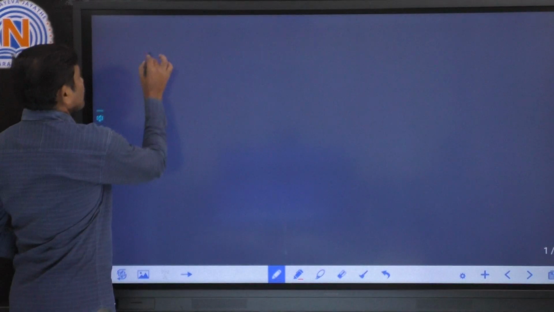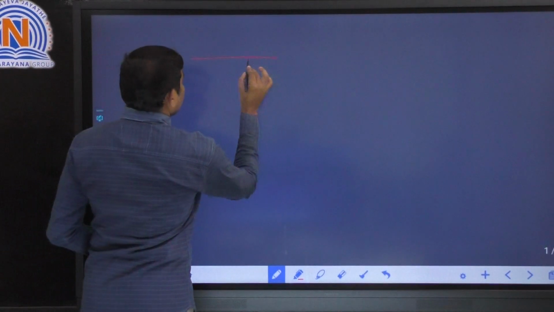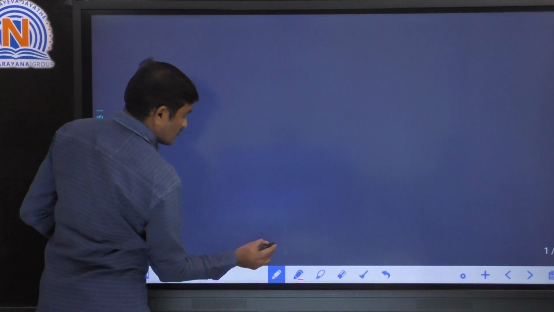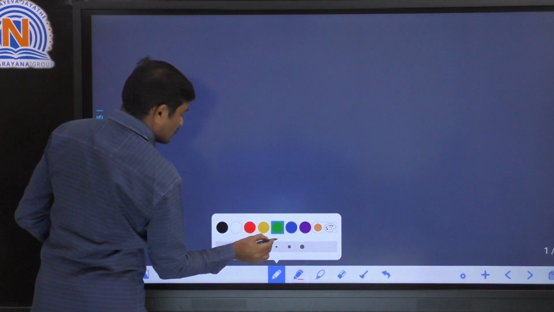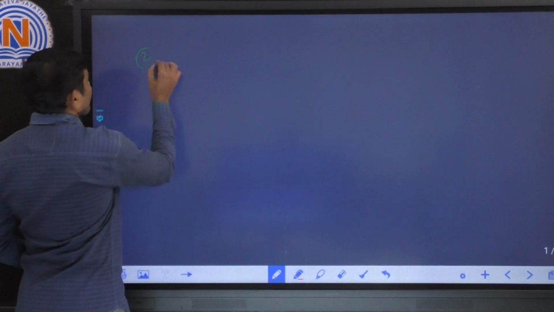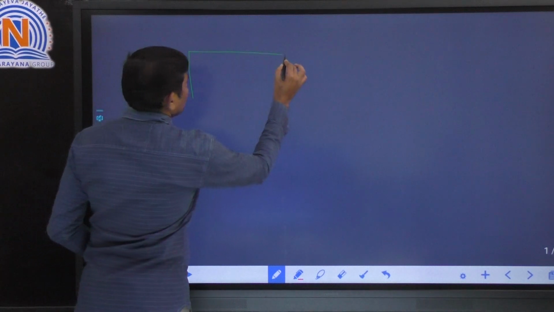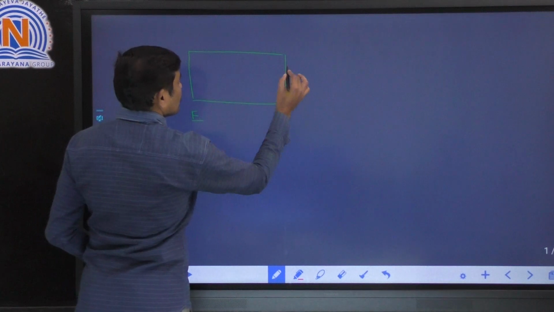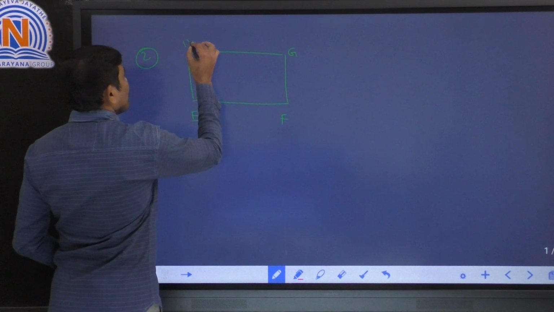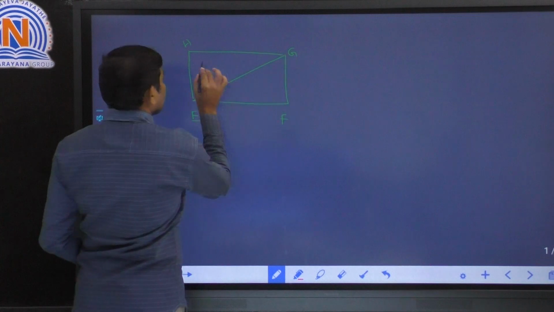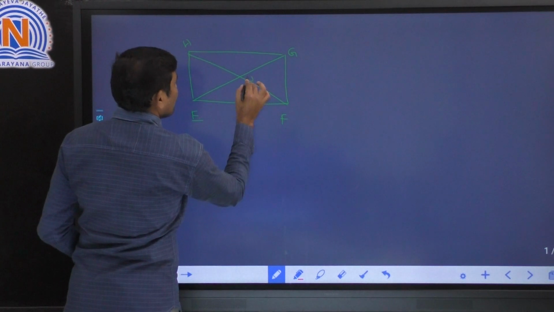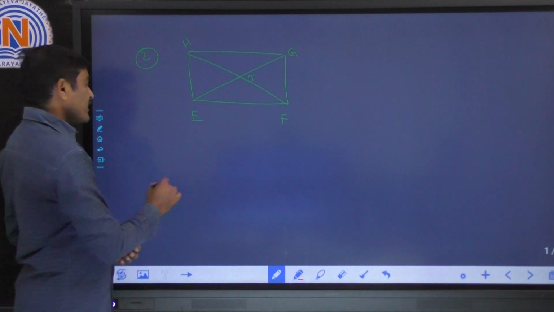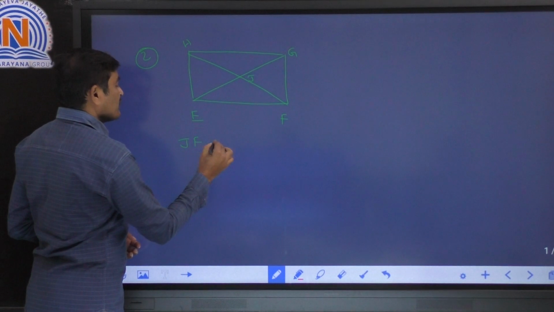See the second one. So let us draw the rectangle. In the rectangle EFGH, the diagonals intersect at J. Here JF is given.